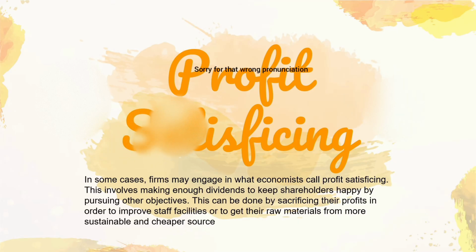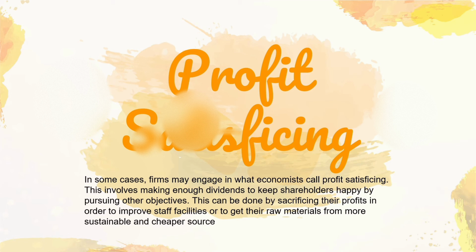Profit satisficing. In some cases, firms may engage in what economists call profit satisficing. This involves making enough dividends to keep shareholders happy by pursuing other objectives. This can be done by sacrificing their profits in order to improve staff facilities or to get their raw materials from more sustainable and cheaper sources.